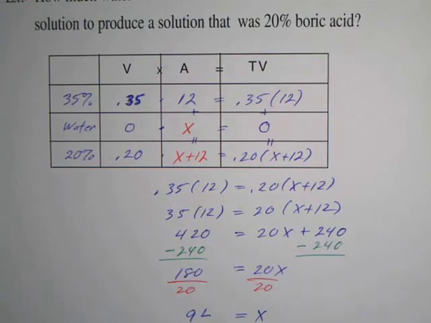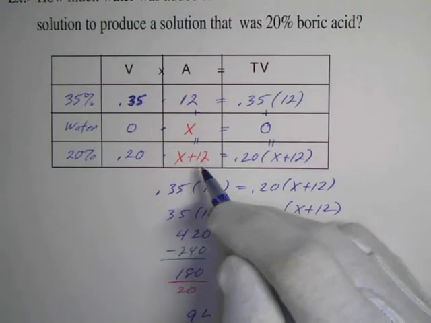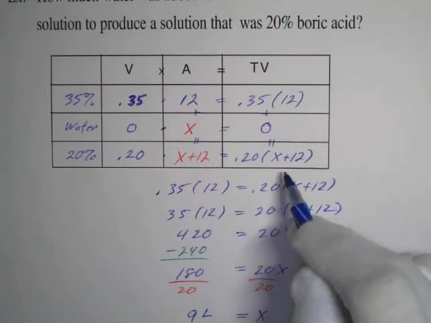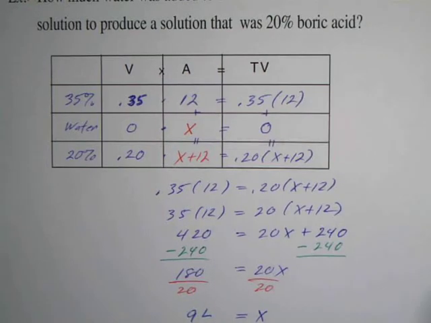So you can see that you could always check this. If we add 9 liters to the 12, we'd actually have 21 liters altogether, right? So 9 plus 12 is 21, and then 20% of 21 would be this amount of boric acid.